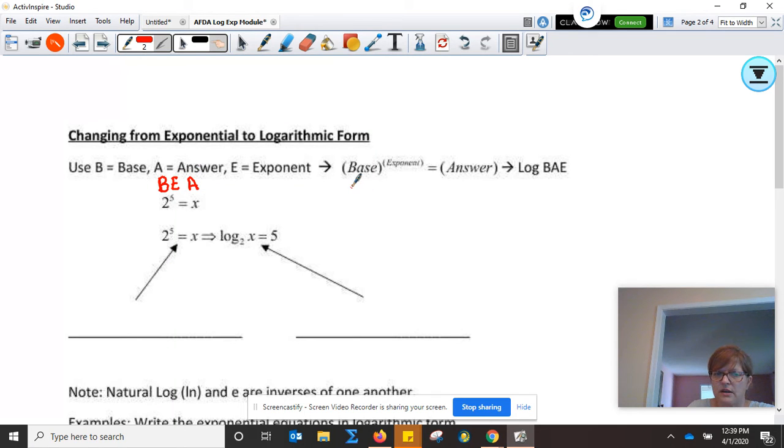That would be log base 2 of x equals 5. Looking at this one, when it's written 2 to the 5th power equals x, therefore log base 2 of x equals 5. This is your exponential form.